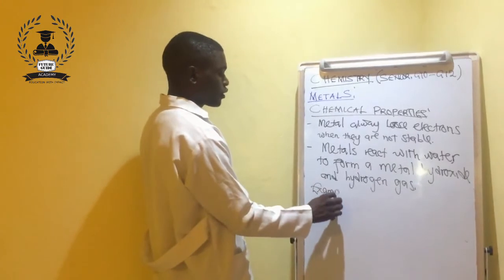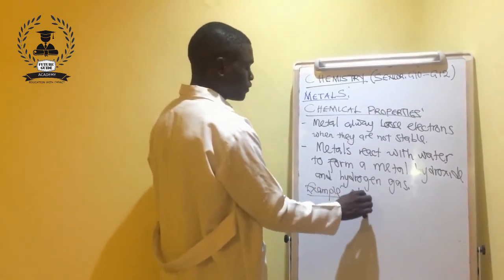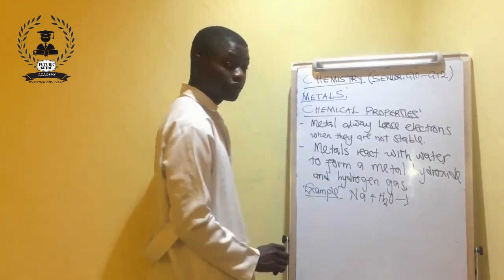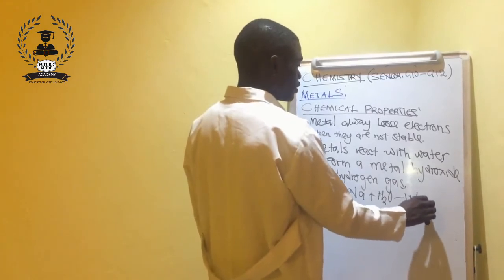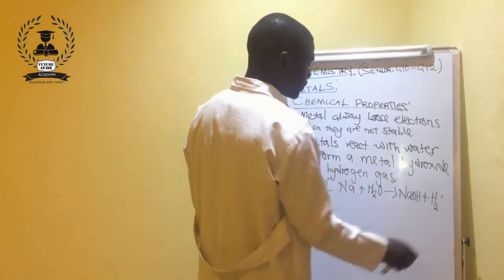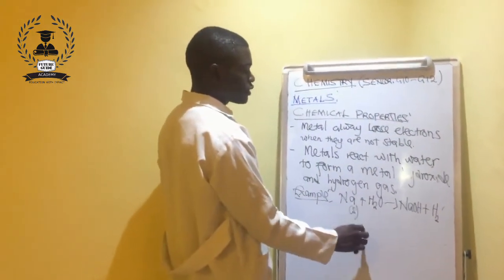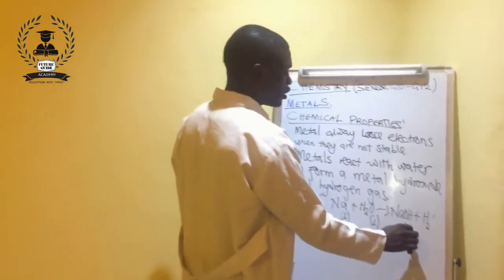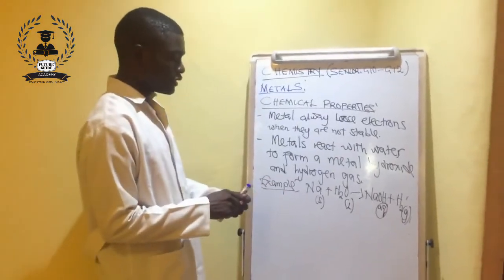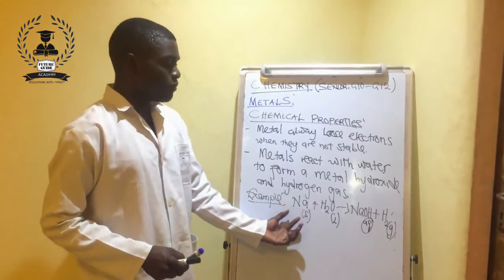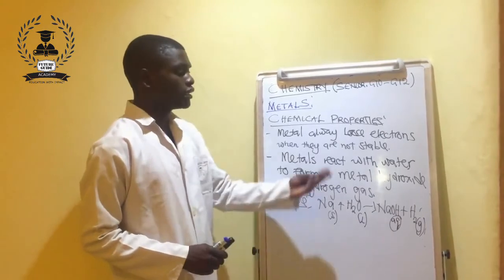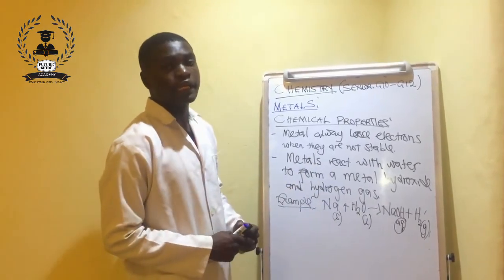Example, we get sodium Na plus H2O. What are we going to have? Sodium hydroxide plus hydrogen gas. This one is a solid, this one is a liquid, this one is in aqueous, and this one is a gas. That's how it goes. So we are saying a metal reacts with water to form what? A metal hydroxide and a hydrogen gas.